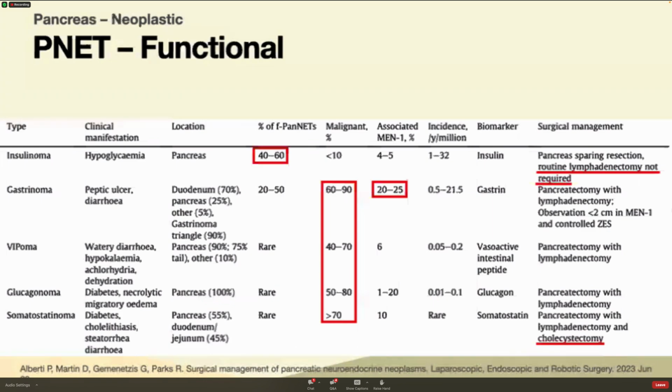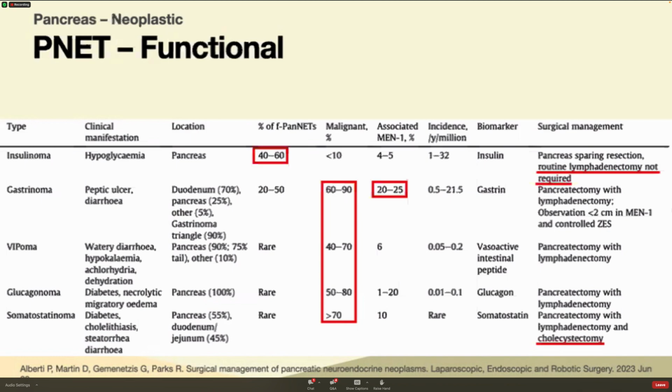For glucagonoma, the patient has necrolytic migratory dermatitis and diabetes. Then for somatostatinoma, the patient has gallstones, diabetes, steatorrhea, and diarrhea. So the symptom of diarrhea is also present in gastrinoma and in somatostatinoma, but in VIPoma, it's really a severe watery diarrhea. So those are the keywords to look for.